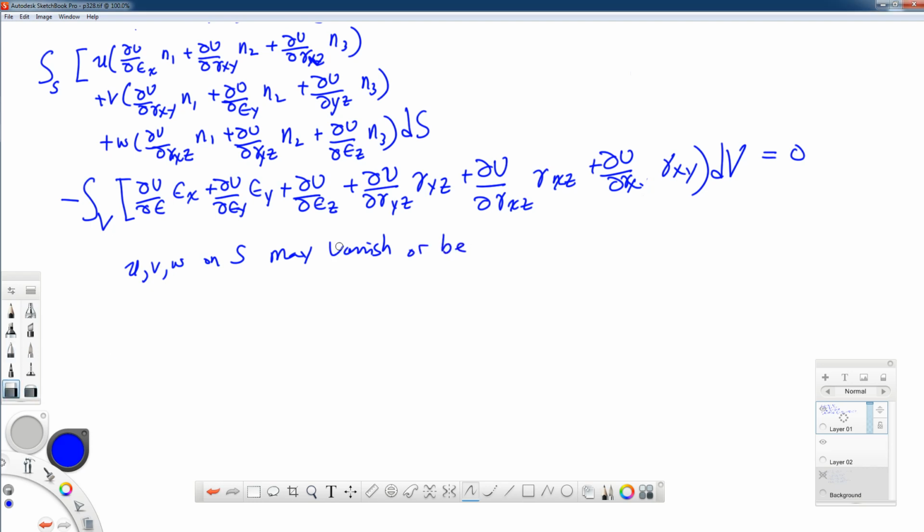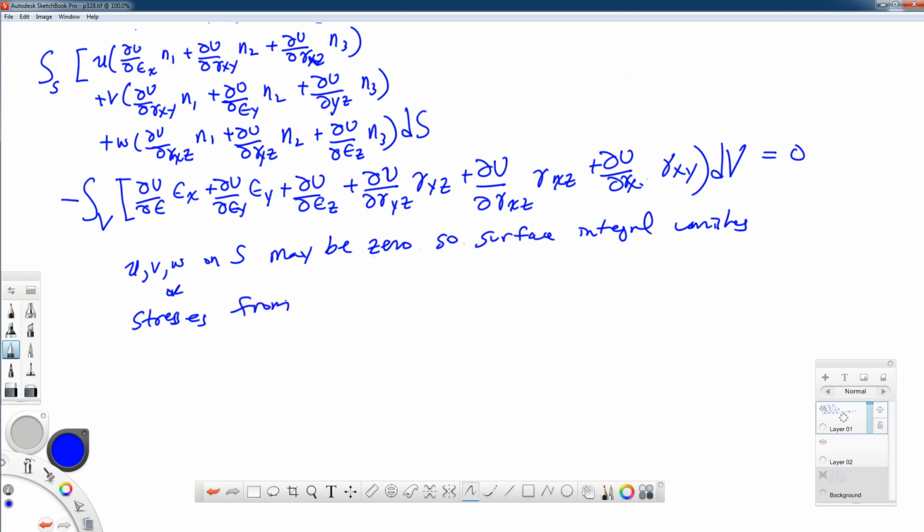Let's see. The displacements may be controlled, so the surface integral vanishes. Or the stresses from u, v, and w vanish.